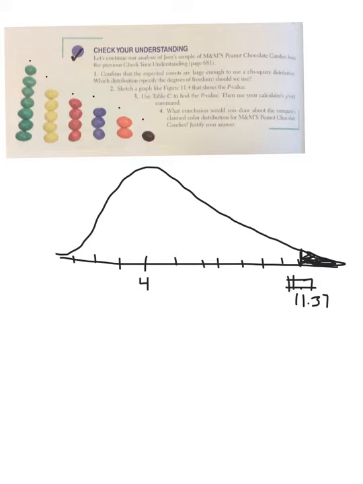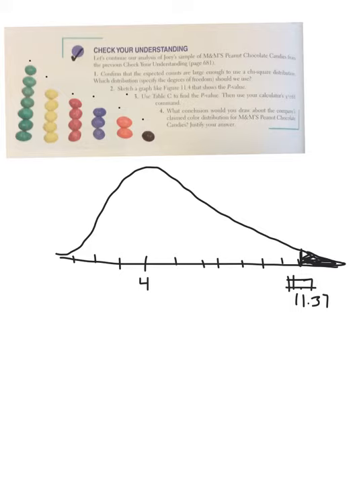I just like using the calculator. I don't like using the table. Maybe I should show you the table tomorrow. But anyway, let's use the calculator. It's a little different than normal CDF. I'm going to go to chi-square CDF, and the lower is going to be my 11.37, and the upper is going to be, how about 100?